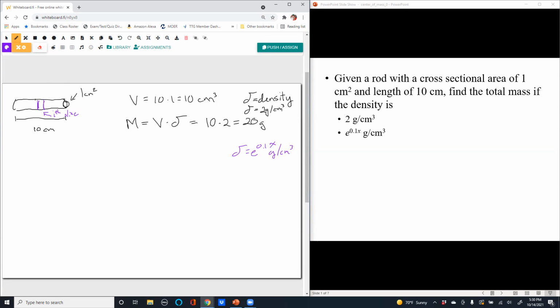Now, here's why we do this. We pick the slice so small that we can assume the density is constant on this slice. Maybe we call it delta sub i, the density of the ith slice is e^0.1 x sub i.